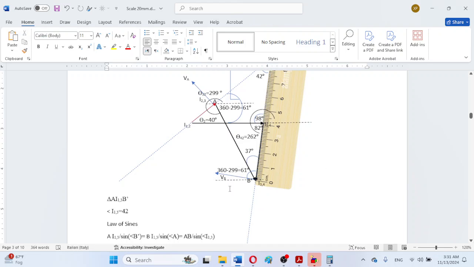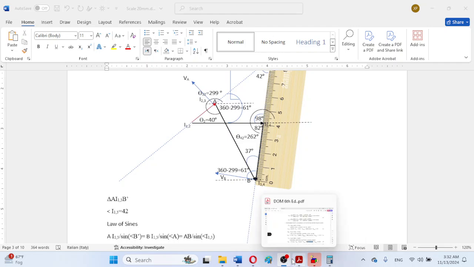So the angle of VB with the horizontal will be equal to, because this VB is perpendicular to this rocker link, that means the angle between VB and the rocker is 90 degrees.